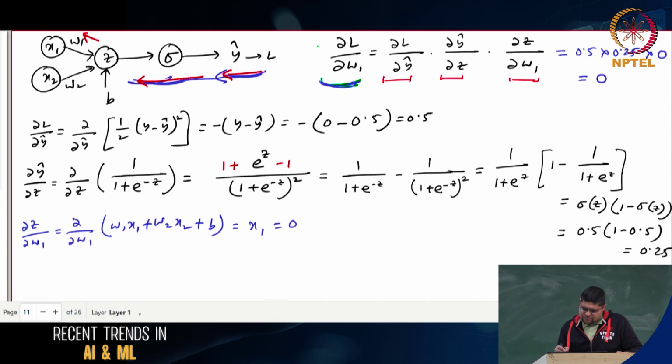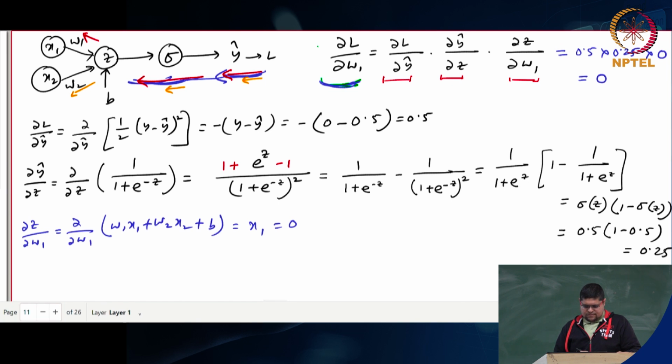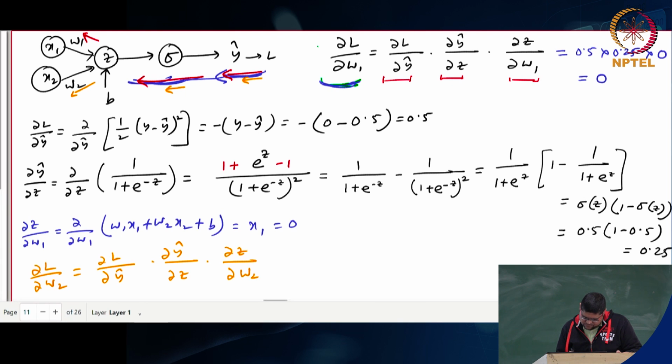Another path we have to calculate now. This path, and this path. So again I have to calculate del L by del W2. It will be del L by del Y hat into del Y hat by del Z into del Z by del W2.